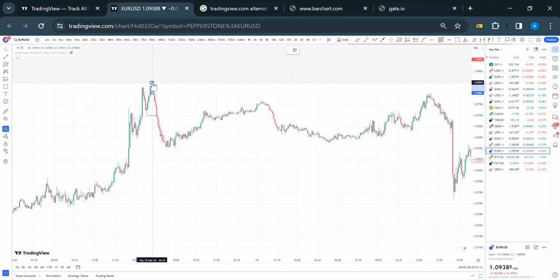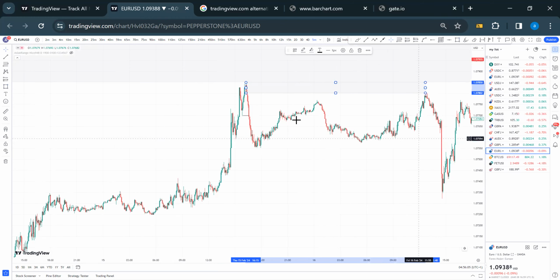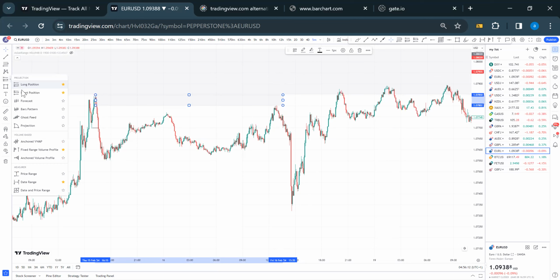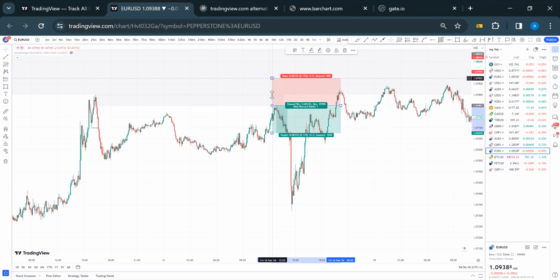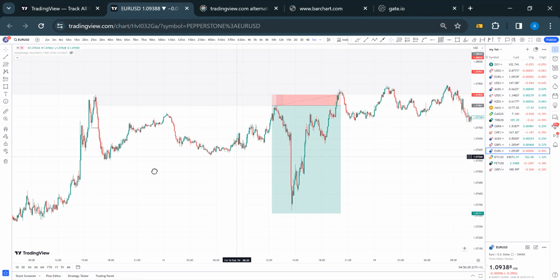And we have a mitigation here. That's where our entry got triggered. That's almost 10 euro. You must have taken out some profits.